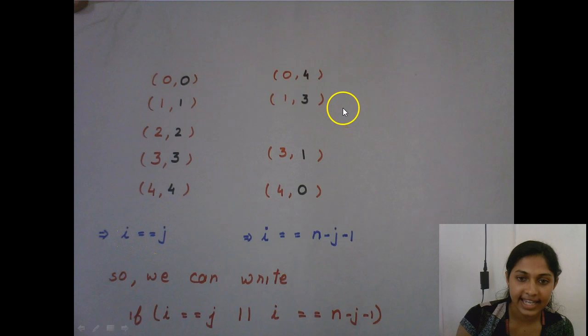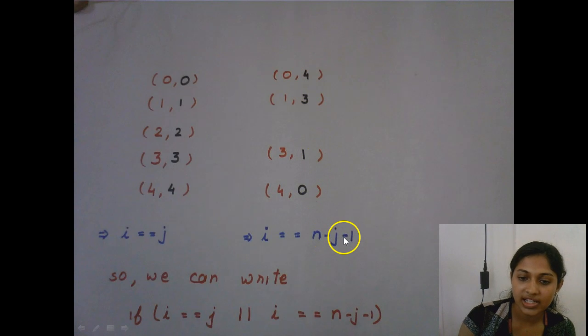Now when I look at the second structure, it seems that n minus j minus 1, where n is the number of rows, so this will be 5. Suppose we take 5 minus 4, that is 1, and 1 minus 1 gives 0. That 0 is equal to the row number.